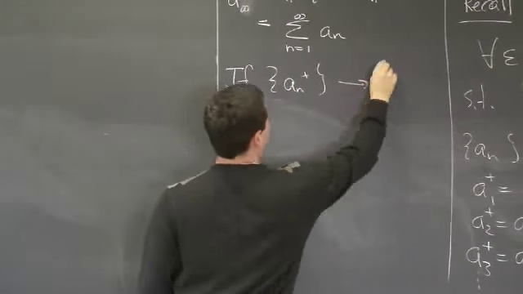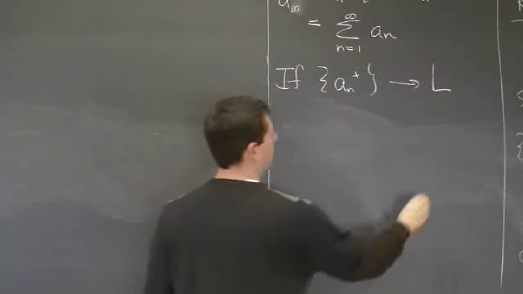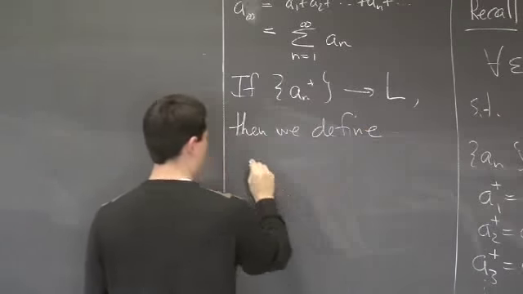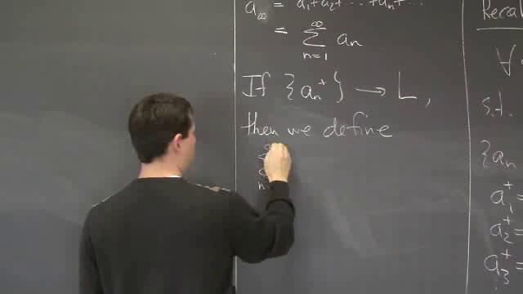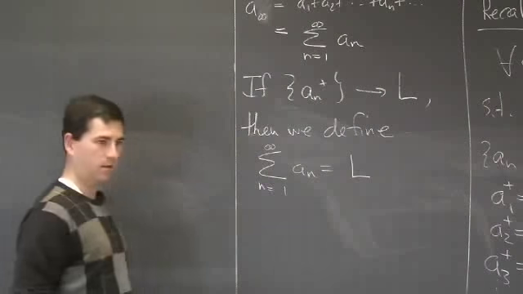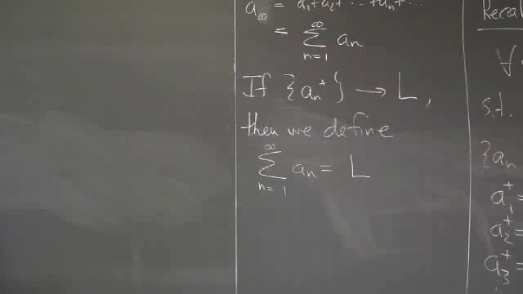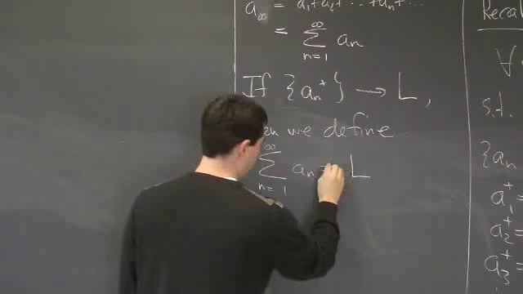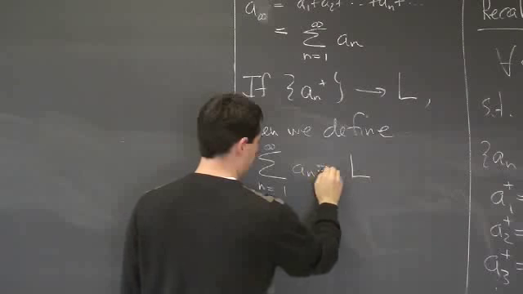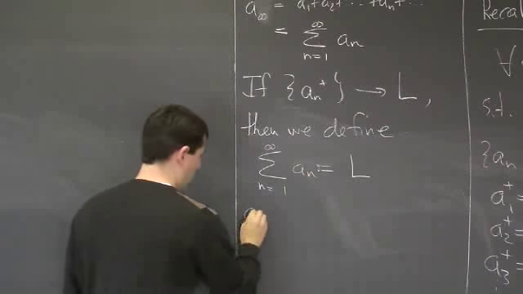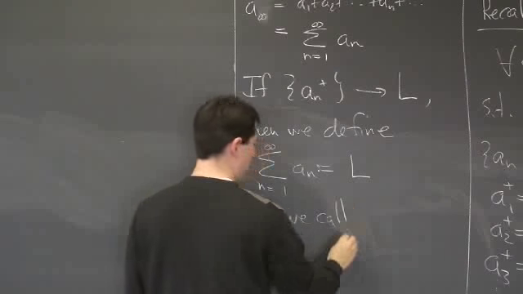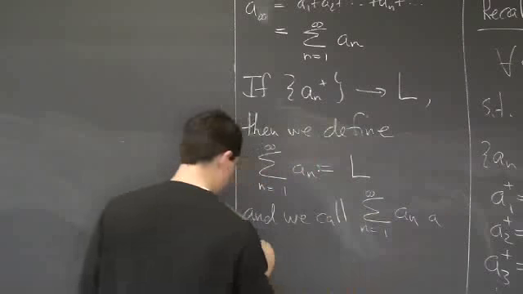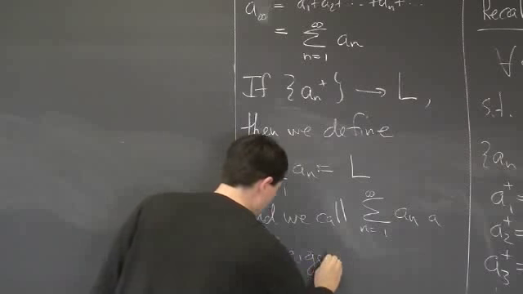So if an plus converges to a limit L, then we define, this is a definition, the sum n equals 1 to infinity an equal to L. And we call this a convergent series.